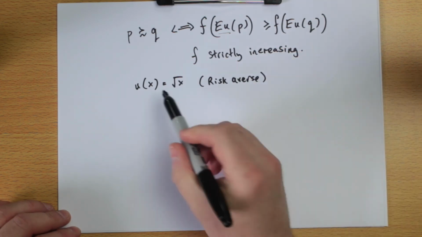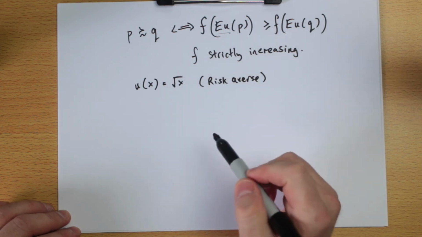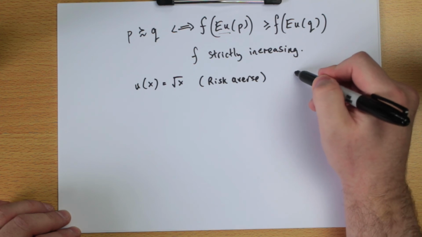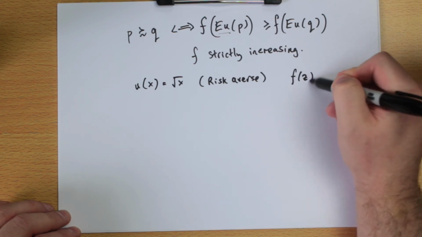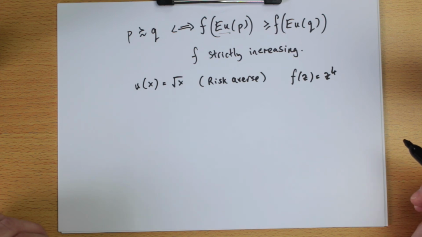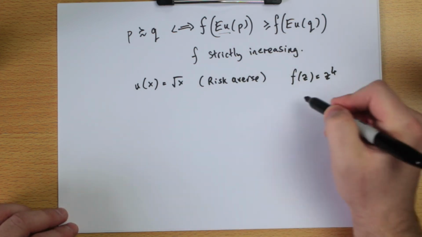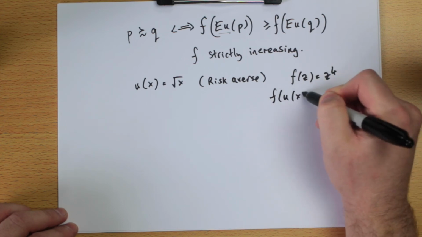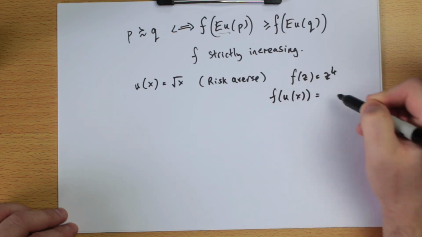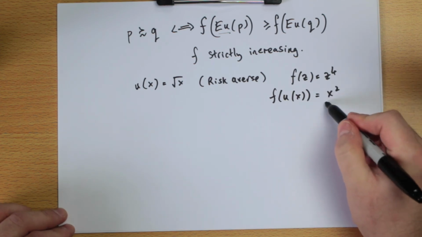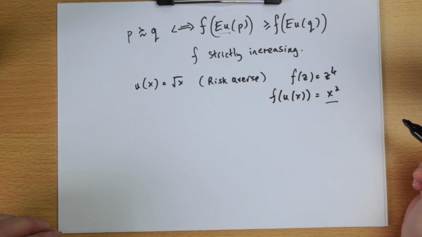Okay. Now, if I just take an increasing transformation of this, okay, so if, for instance, I take f of z equals z to the power 4, for example, okay, then I would get f of u of x is equal to x squared, which is a convex function, okay, which would suggest risk-seeking.